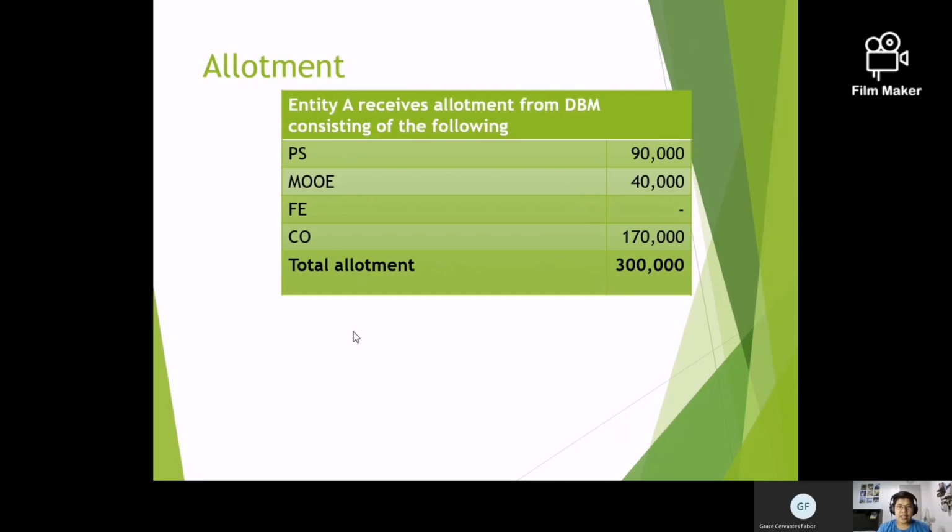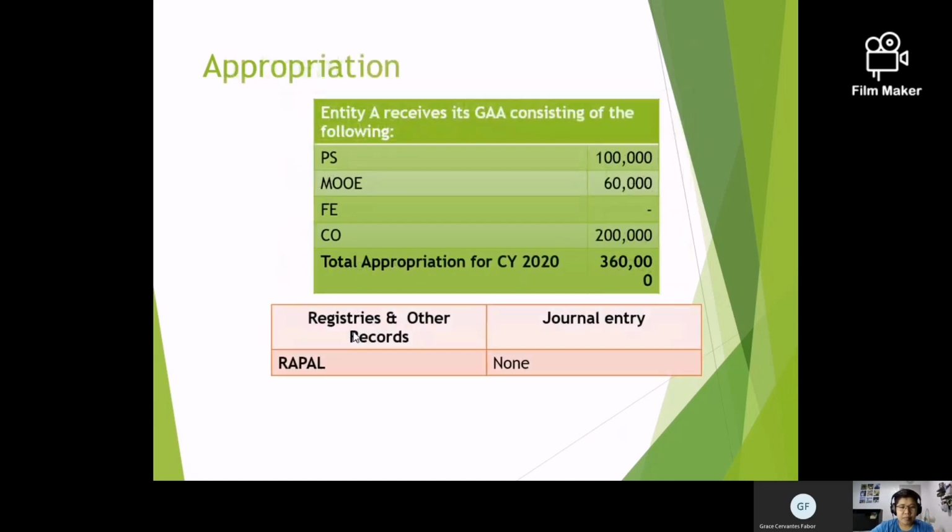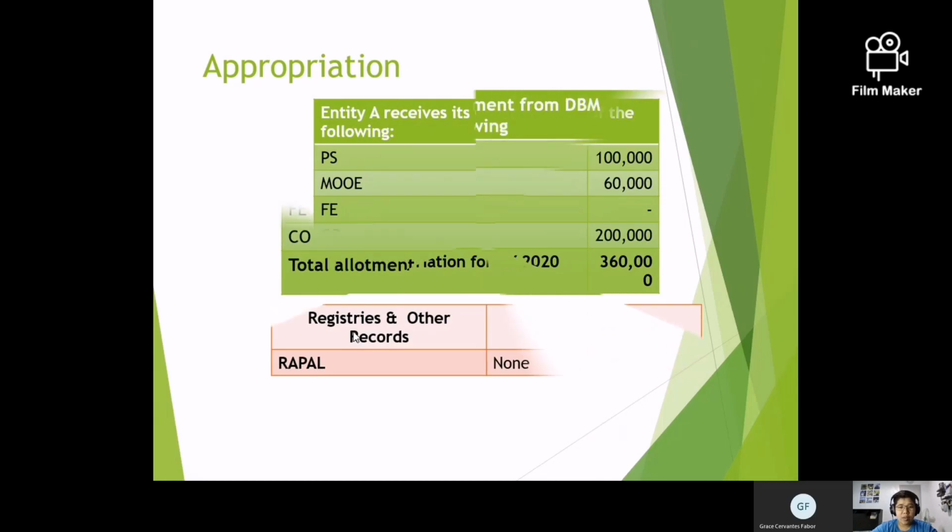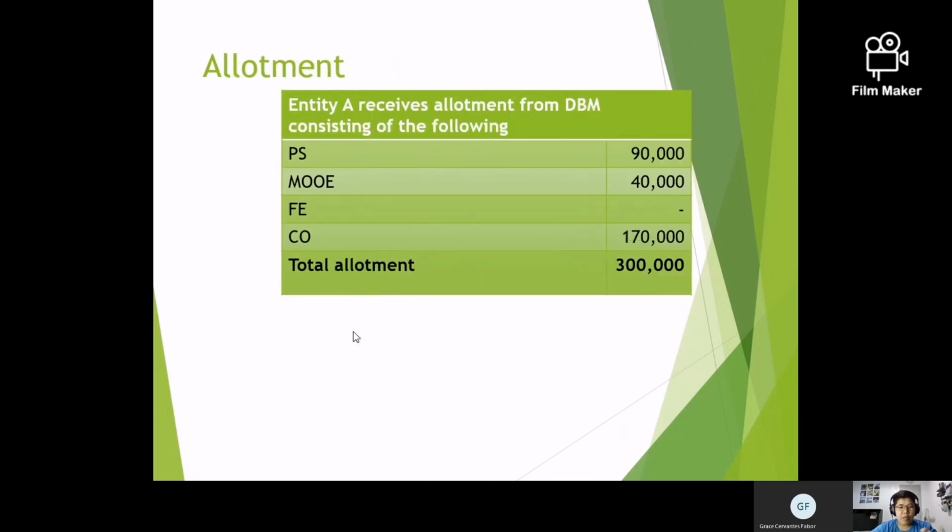So, PS natin 90, MOE 40, FE wala, capital outlay 170. So, let's check kanina. Meron bang nag-exceed sa appropriation? Yung allotment, 160, 200. We have 90, 40, 170. Wala. Total allotment received, 300,000.